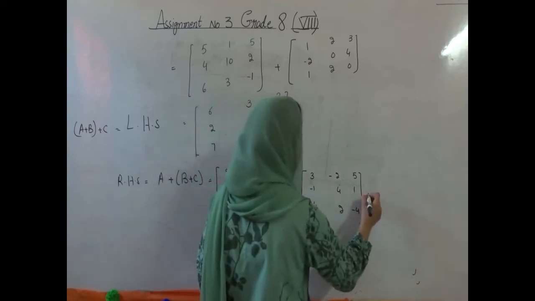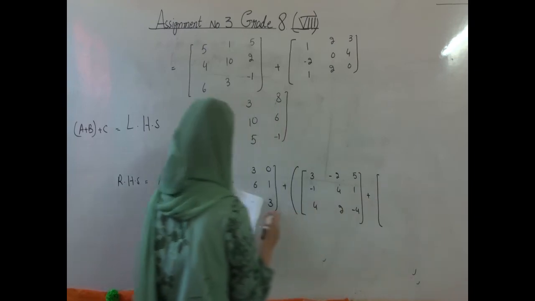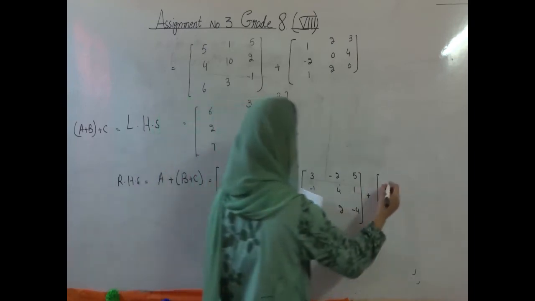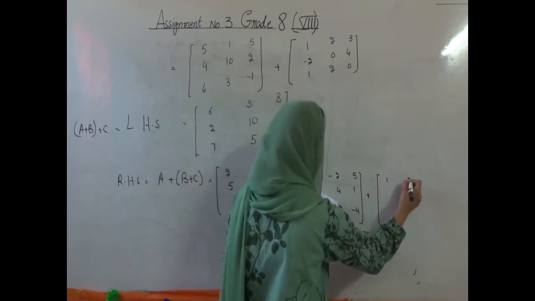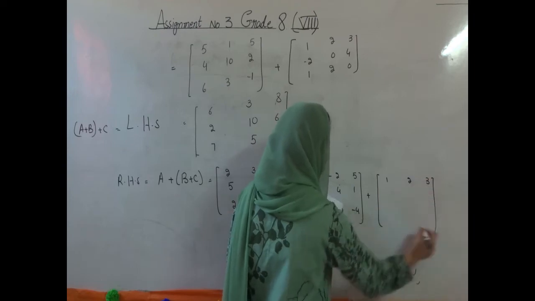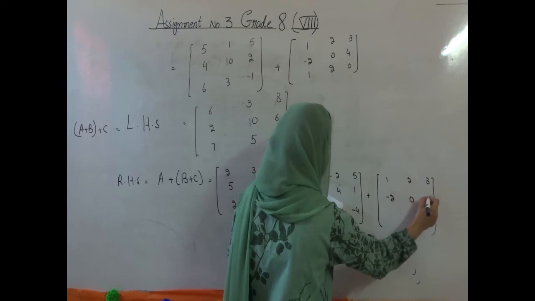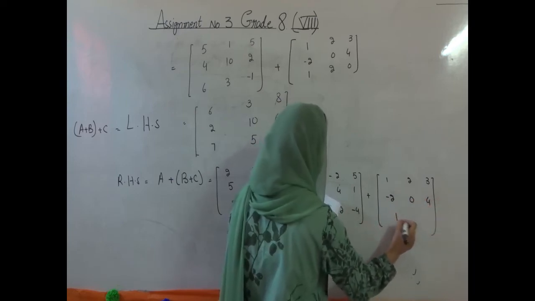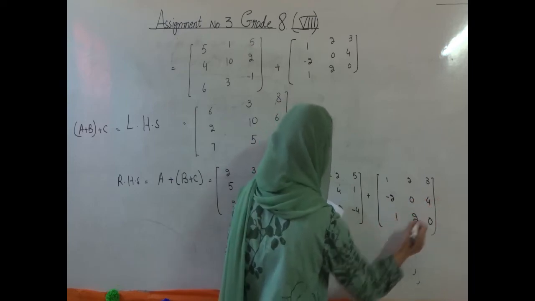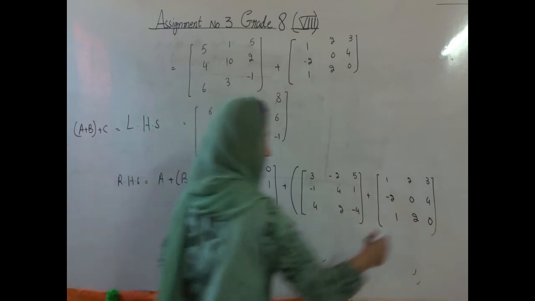Plus sign, matrix of C: 1, 2, 3, minus 2, 0, 4, 1, 2, 0. And then small bracket close.